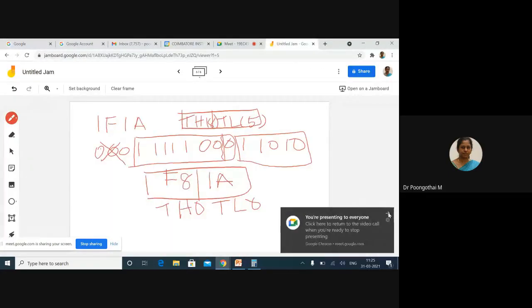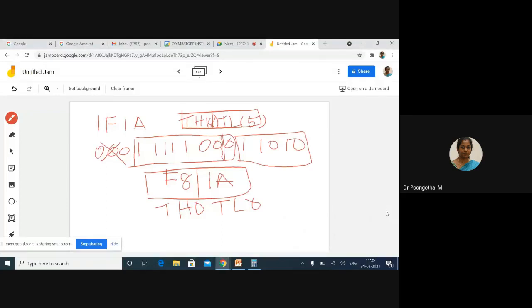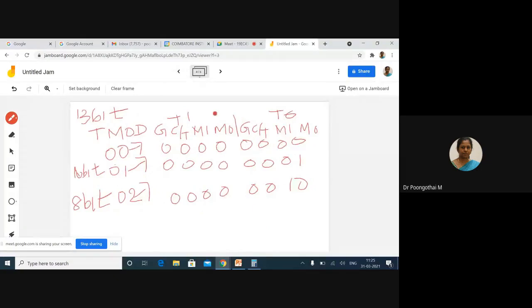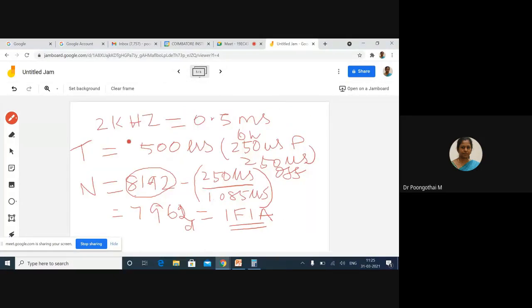So in this way, we can calculate the 13-bit timer initial value. First, calculate the TMOD value. Second step, convert the frequency into time period and divide the time period by 2 because the square wave is involved, so 250 microseconds, either on or off time. Divide 250 microseconds by 1.085 microseconds, and subtract that value from 8192. You will get 7962.